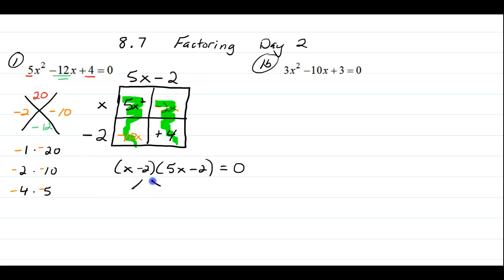All right, so now we break it into 2 problems. x minus 2 equals 0. 5x minus 2 equals 0. And then we solve. Add 2. So I get x equals 2. Over here, add 2.